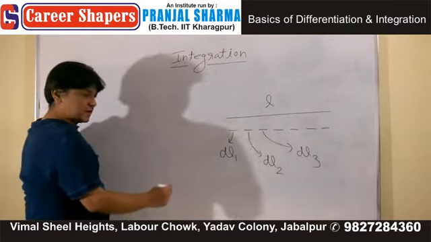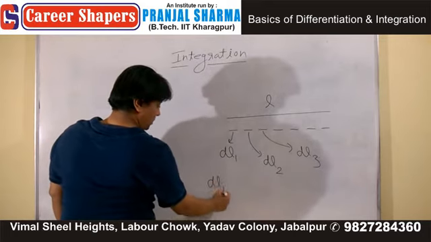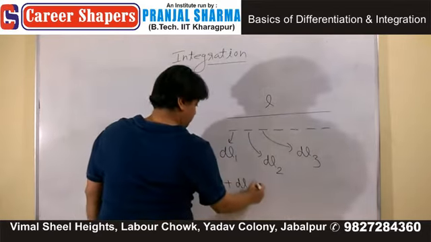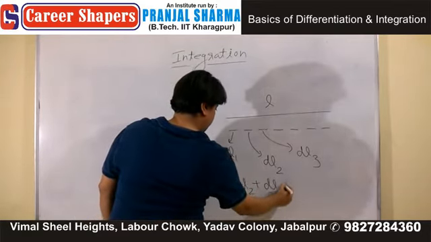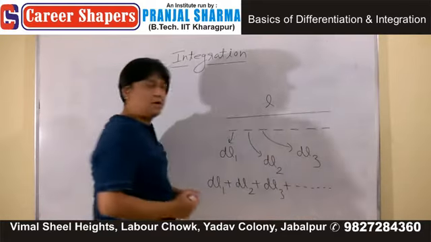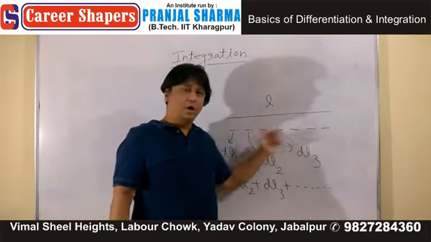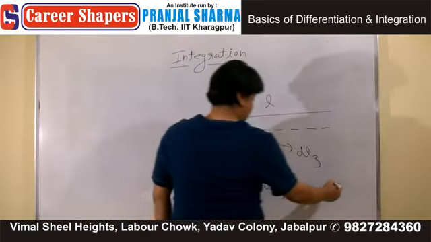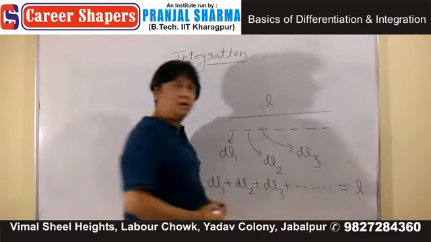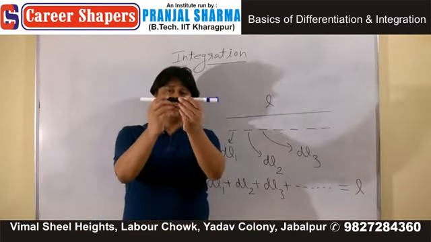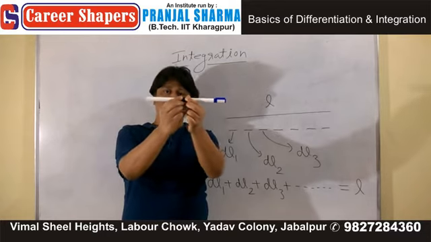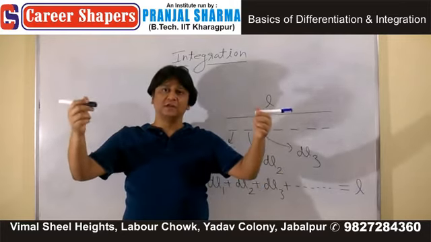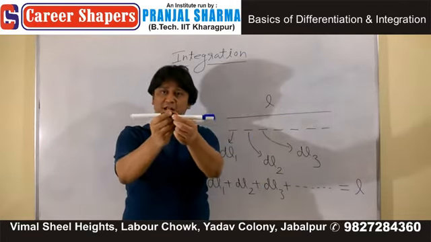So, if I say find out dl1 plus dl2 plus dl3 plus dl4 and all these small lengths, if you add all these small lengths, everybody can see that it will be L. If you cut the whole rod into two parts and add this length and this length, you will get the original length.